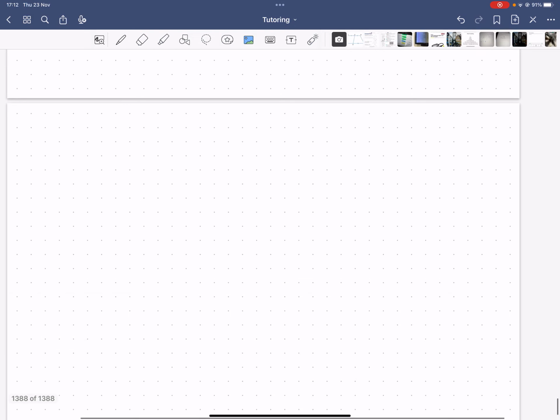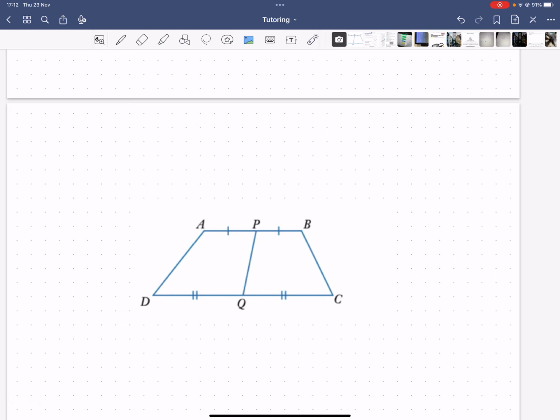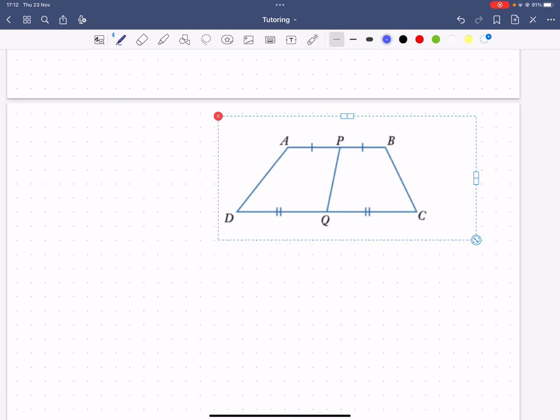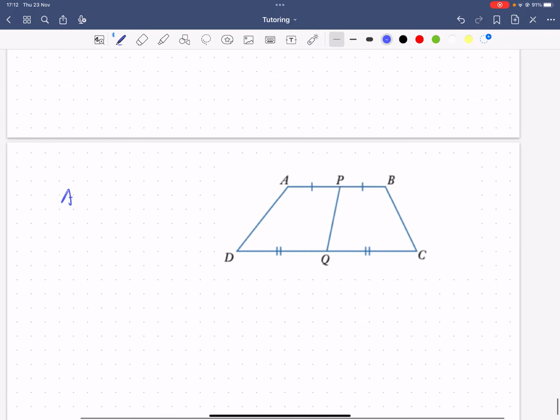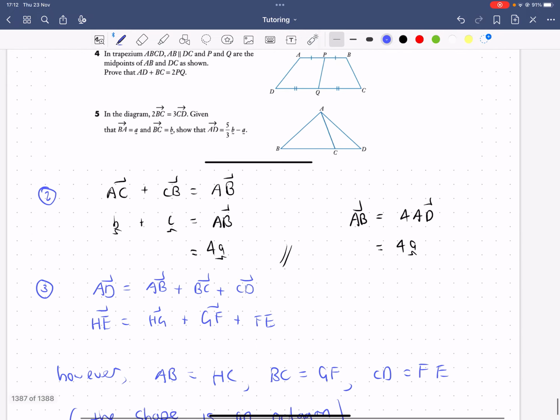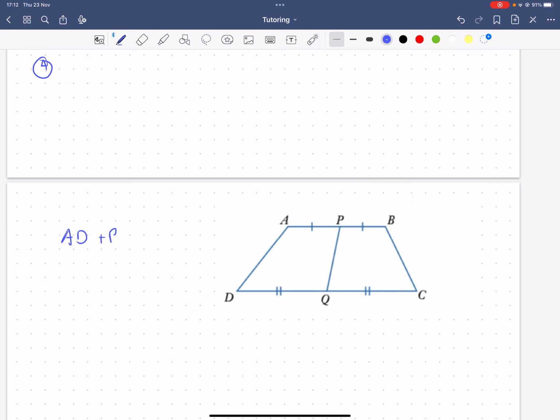That's a bit bigger. And we have to prove that AD plus BC is 2PQ.